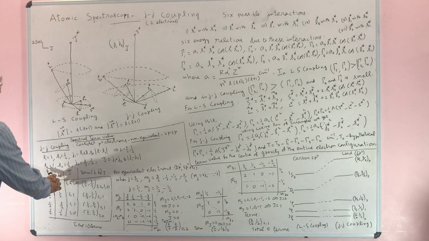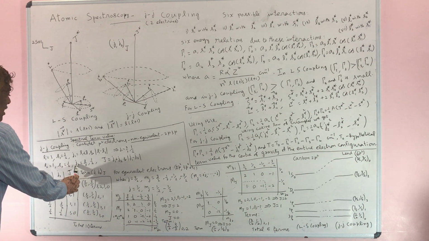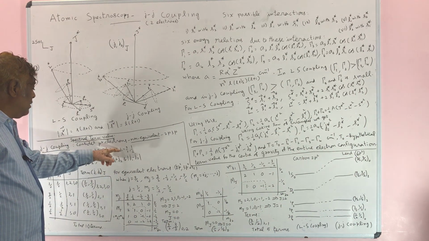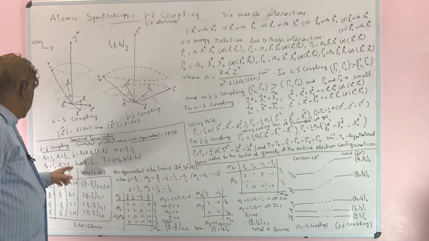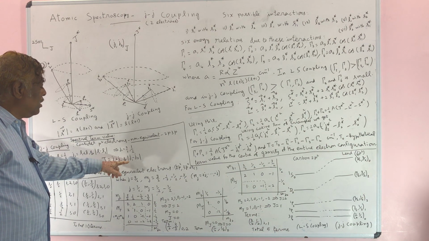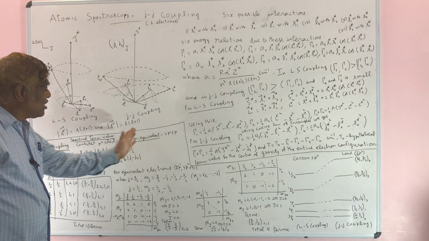Now for the second electron, L2 is equal to 1, again S2 is equal to half, and J2 is again 3 by 2 or 1 by 2. Now let us calculate the total J value. Because of the coupling between J1 and J2, the resultant value will be J1 plus J2 down to J1 minus J2, again in steps of unity.